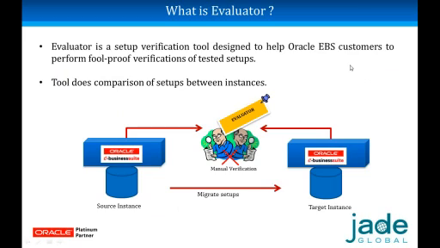For example, if you have a source instance and you would be migrating the setups to a target instance, and the current model you might be following is doing a manual verification, or maybe you might use some kind of scripts to take a result output and then verify through Excel sheets and things like that. This tool is going to replace that manual verification process, and it completely automates the comparison, and it provides you a detailed report about the comparison results.